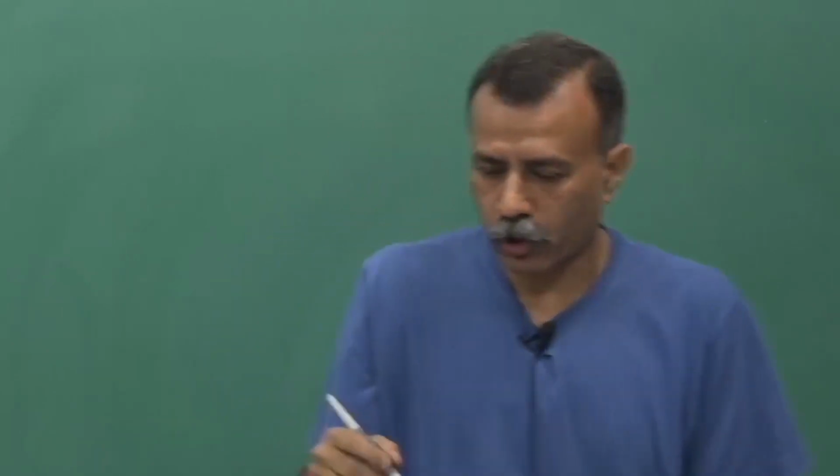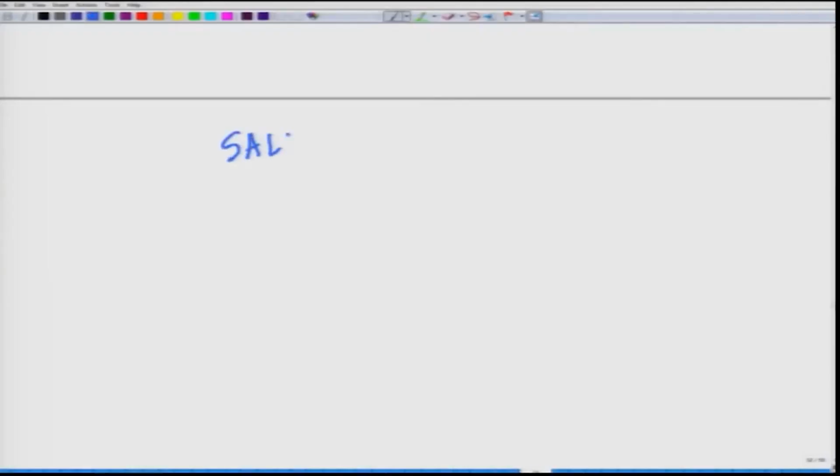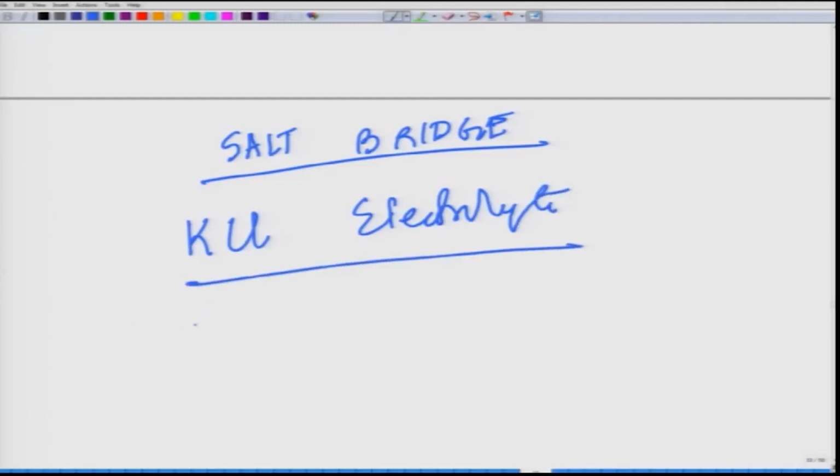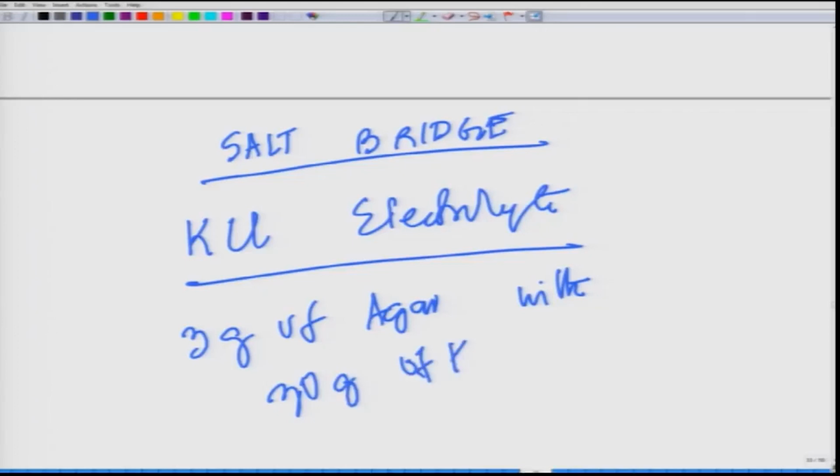Now, coming back to the salt bridge. For reactions that do not involve silver or other species that react with chloride, the salt bridge usually contains KCl electrolyte, and a typical salt bridge is prepared with 3 gram of agar with 30 gram of KCl in water.